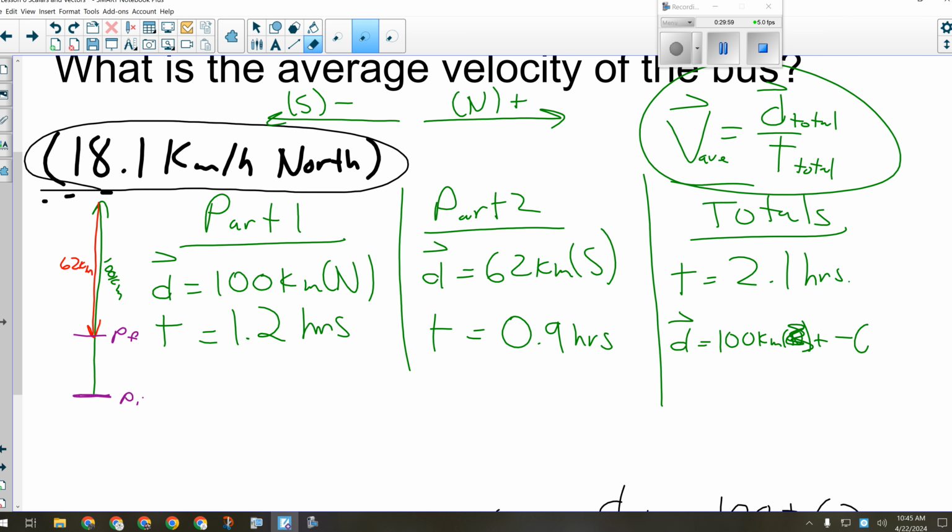Is that the same as just subtracting 62? If that works for you, go for it. Mathematically, it's the same thing. When I do that, I'm going to end up with positive 38 kilometers, which, since positive is north, is 38 kilometers north.